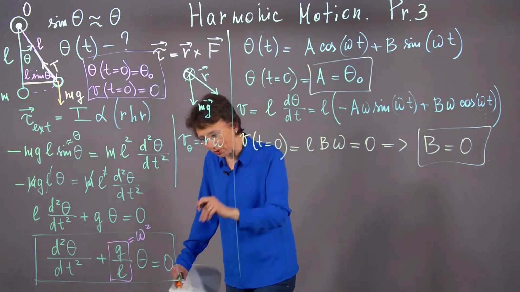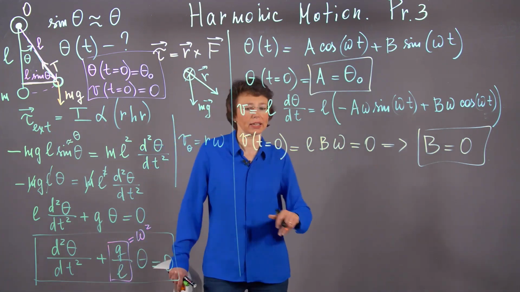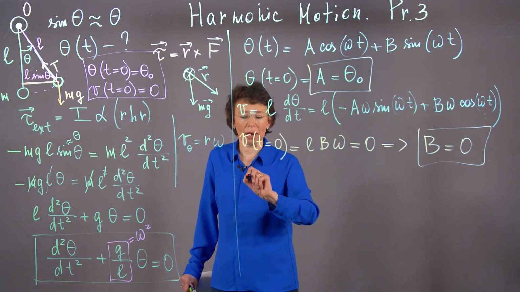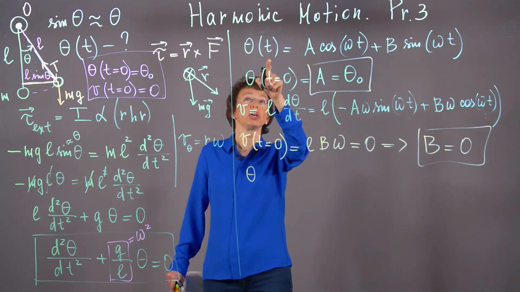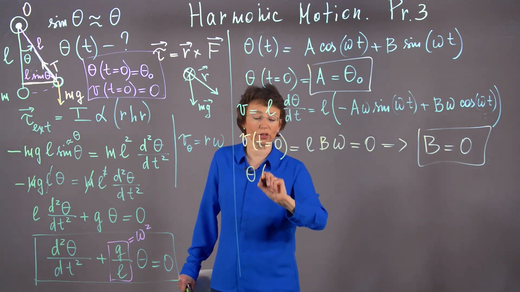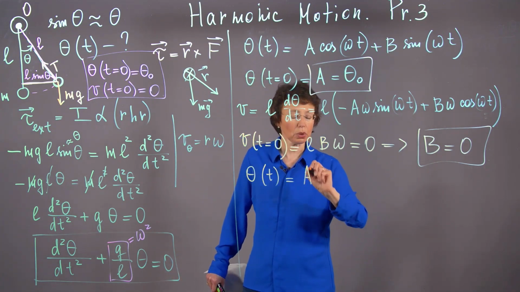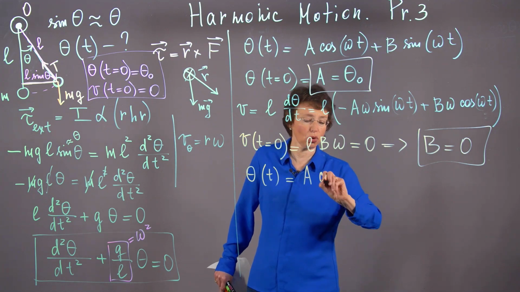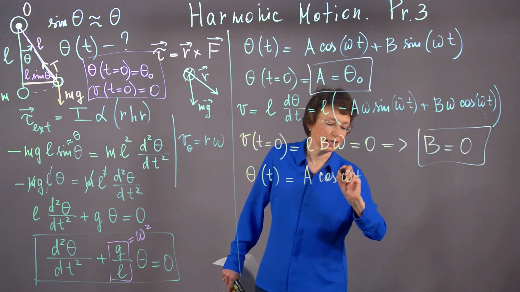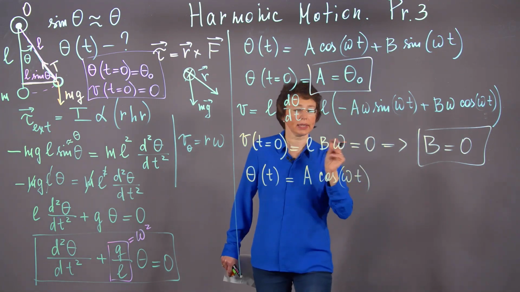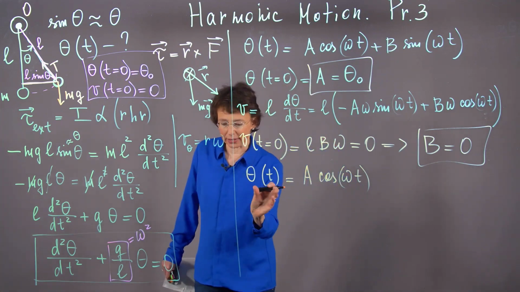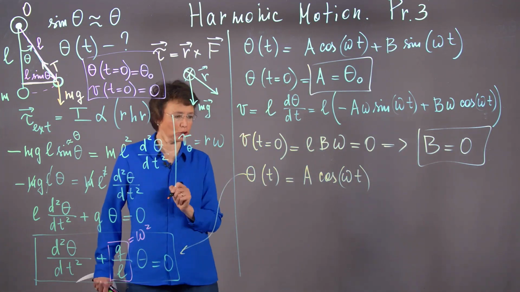That, well, we already know, but I want to do it again. So I rewrite my solution now, with everything that we know. Theta as a function of time is equal to A, which is theta naught, times cosine omega t. And we already figured out that B is 0. Now I take this and bring it back into my equation.